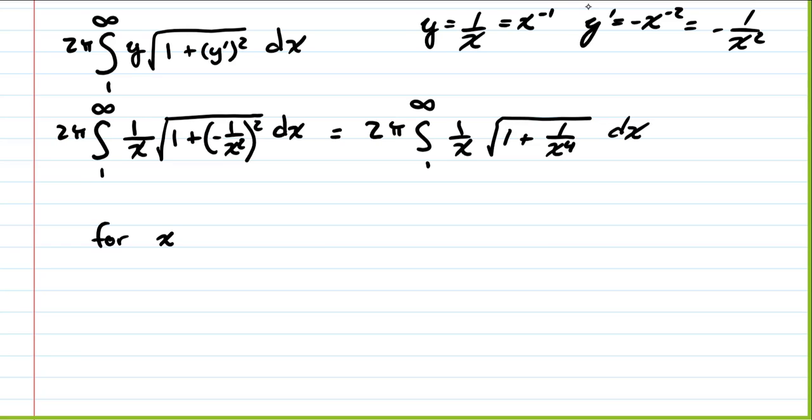for x greater than or equal to 1, the square root of 1 plus 1 over x to the 4th is greater than or equal to 1. Why is that true? Because under the square root can never be negative.